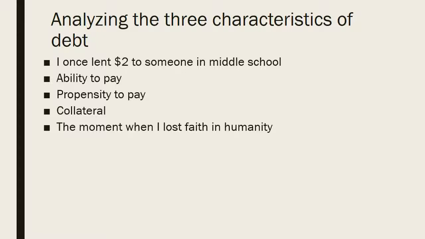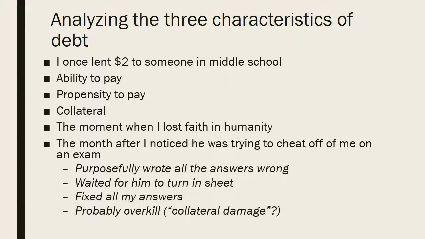There can be creative forms of collateral. The month after that, I noticed he was trying to cheat off of me on the science exam. So I purposefully wrote every single answer wrong. Then I waited for him to turn in his test, and then I fixed all my answers and he got a 0 on the exam. That's probably overkill as far as collateral goes, but there can be exotic forms of collateral.